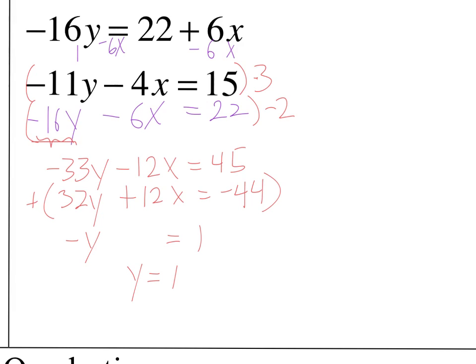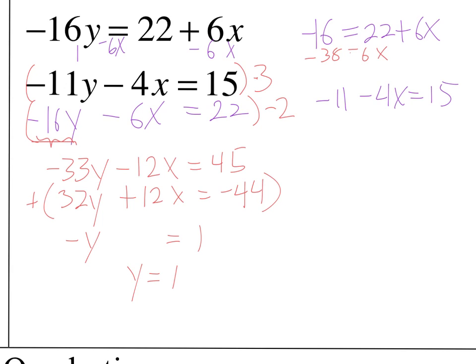Okay, let's plug this back in and see what happens. So we got negative 16 is equal to 22 plus 6x. And we've got negative 11 minus 4x is equal to 15. I'm going to check both of these to make sure my solution works. Negative 38 is equal to 6x, and I end up getting negative 38 over 6, which is negative 19 over 3.